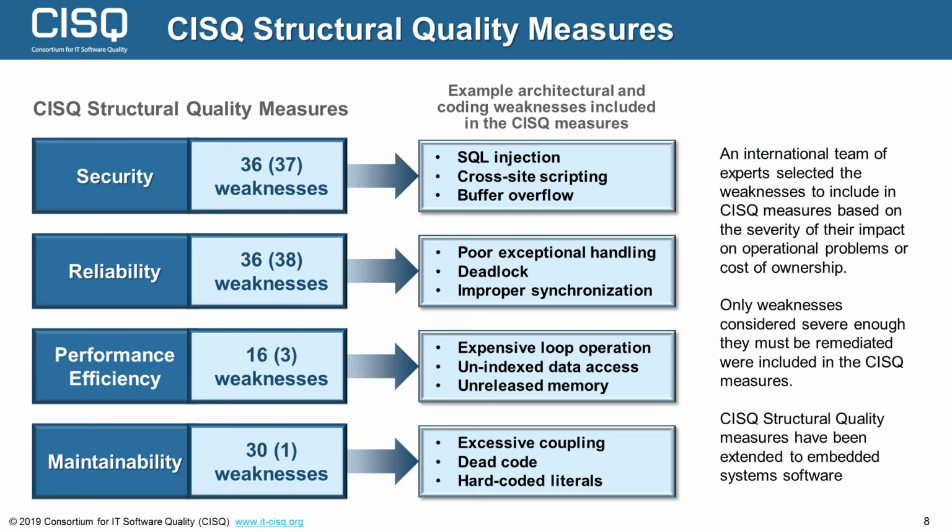They're now expanding that to other quality issues, and they've incorporated the other CISQ problems of reliability, performance efficiency, and maintainability, and all CISQ weaknesses have now been assigned CWE numbers. So that integrates this into a globally used body of known weaknesses.